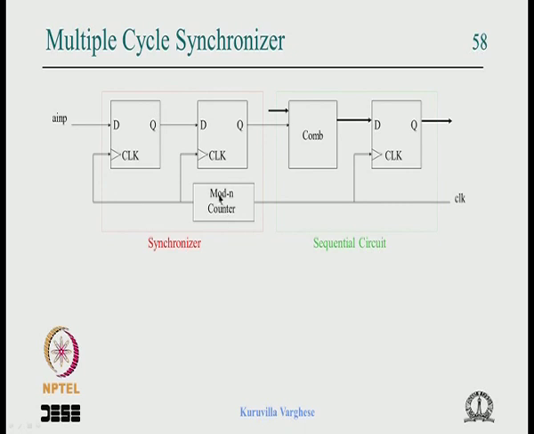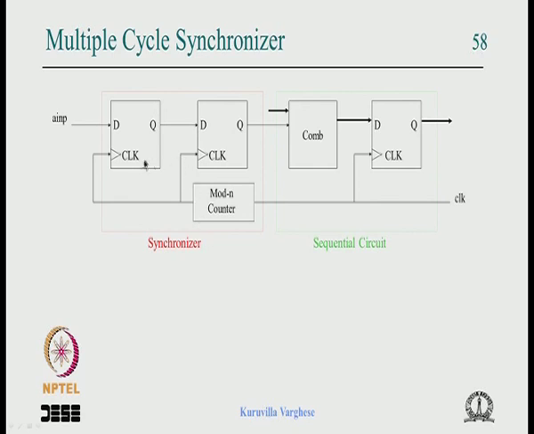Mind you, when I say mod n counter, n is not a huge number like 20 or 64 or 128. This mod n is like 2, 3, 4. It is not a big counter. We cannot have such a large discrepancy between the synchronizer and the system clock.